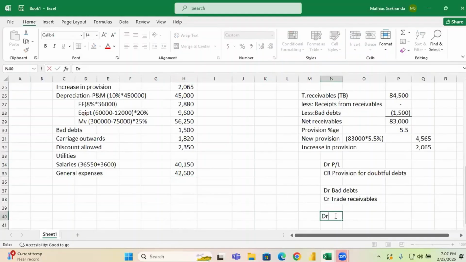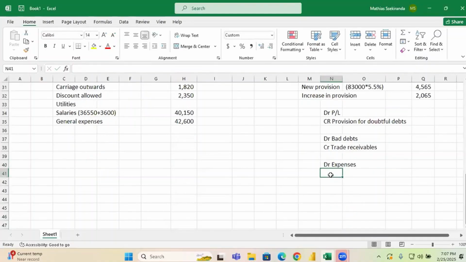We debit expenses because we have to recognize those expenses for that period, even if you have not paid for them, and credit salaries payable, a liability, because someone is demanding you. Though you have incurred it that period, you have to recognize it, but you also have to recognize a liability. So we shall take a liability to the balance sheet when time comes.